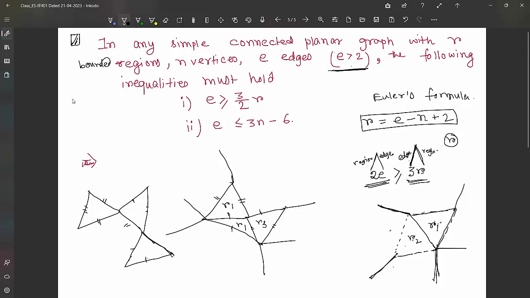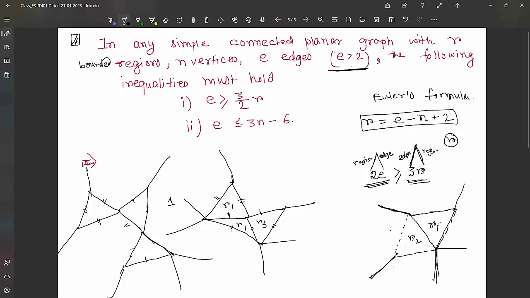So a total of 9 edges are required to form these 3 regions, and the other subsidiary edges are all contributing to only one region, and there may be many edges contributing to form just the infinite region.